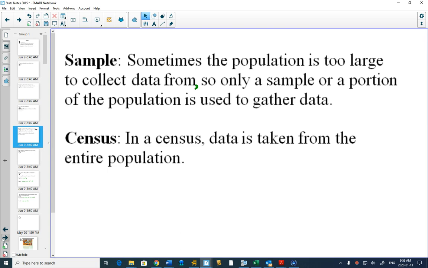And this is where things can get tricky, because if you want to find out what Canadians think and you only ask people in Quebec, it might not be the same result as if you only ask people in Alberta. And so if you want to find out what all Canadians think, your sample has to make sure it comes from all areas of the population.